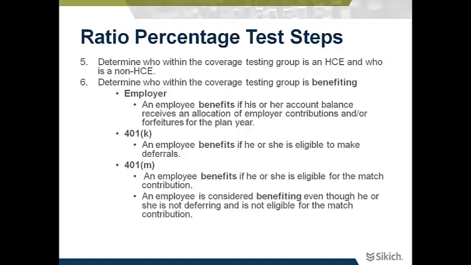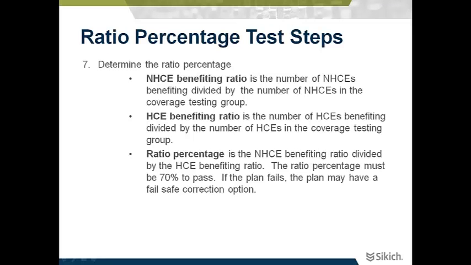And then on the match portion, an employee is considered benefiting if he or she is eligible for the match contribution. Step 7, we determine the ratio percentage by taking the non-highly compensated employee benefiting ratio and dividing it by the highly compensated employee benefiting ratio. The ratio percentage must be 70% to pass.